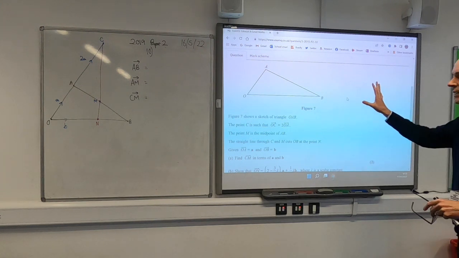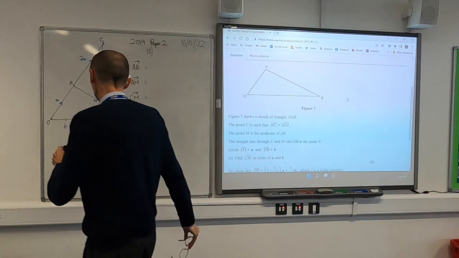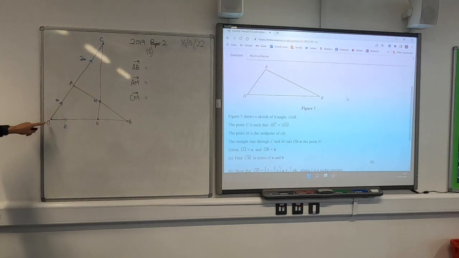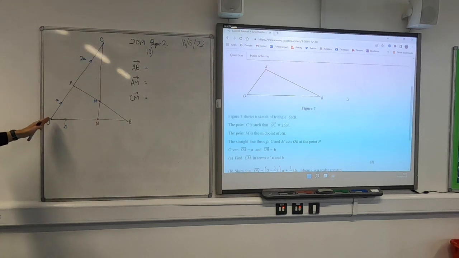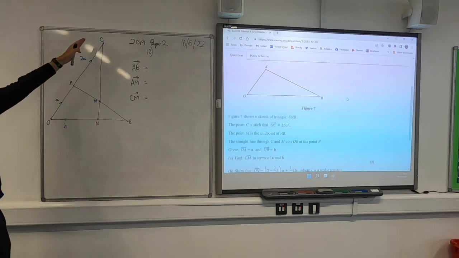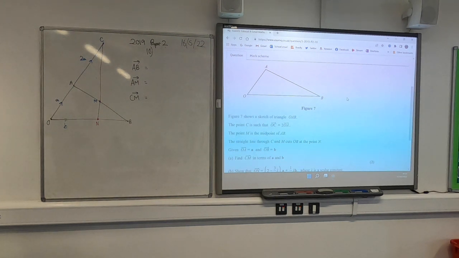So we're told about a triangle. We're told the journey from O to A is called little a, and the journey from O to B is called little b. Those are the only roads that we know. And we're told there's a point C, which is a continuation of this line, and from O to C, I've labelled that wrong, haven't I?